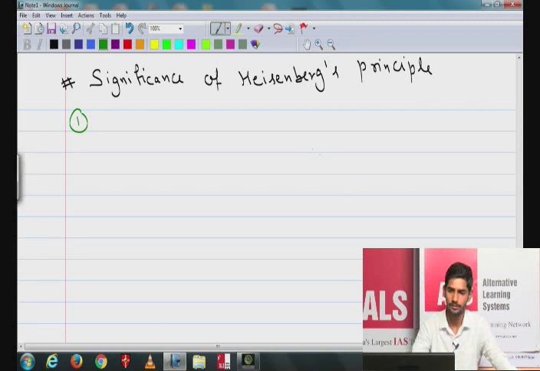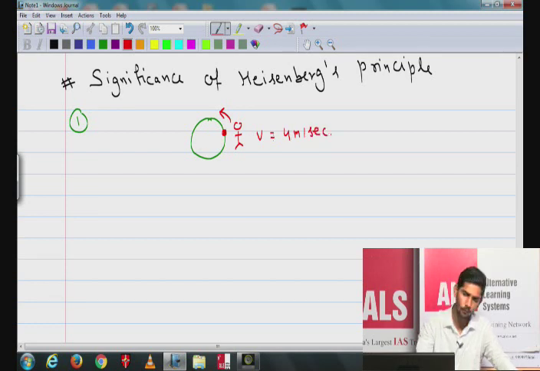For example, guys, look at this. If I say this is a circular path and a person is moving in this path, present here at a particular time and moving with velocity 4 meter per second, then obviously this is a well-defined circular path.